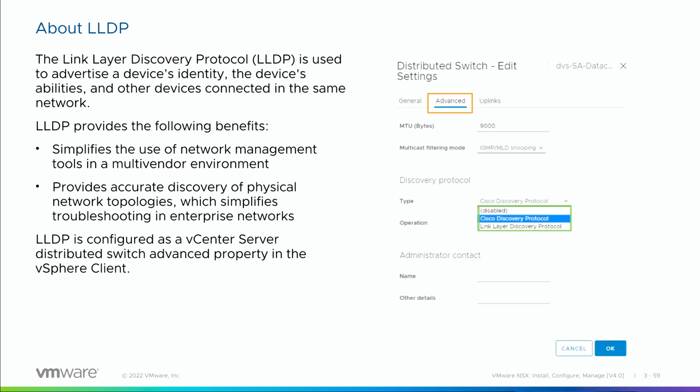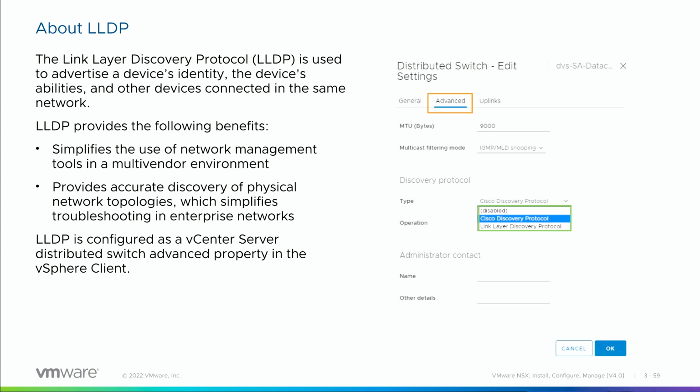Now, I may choose to configure my NSX host switch to send information through Link Layer Discovery Protocol, or LLDP, so that my upstream switches can have some topology information from NSX about the host switches. Well, on the ESXi hosts, I'm going to do that in vCenter.